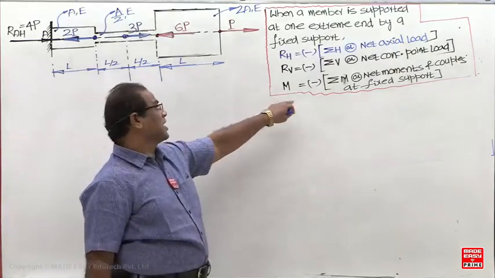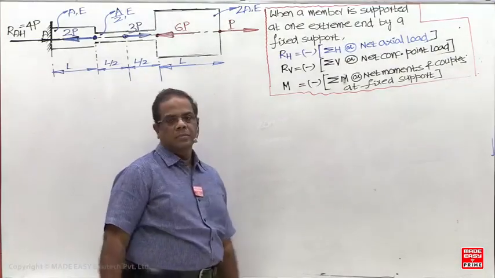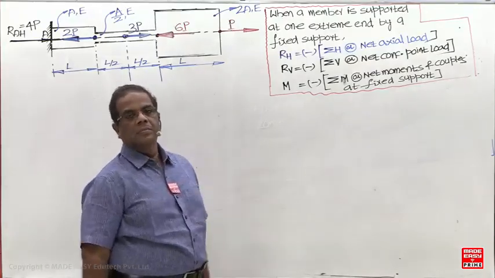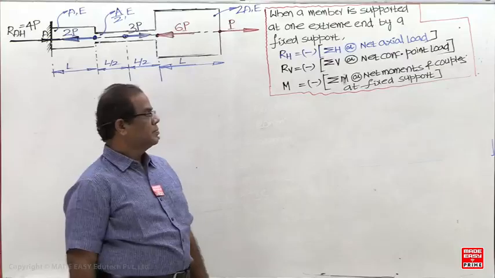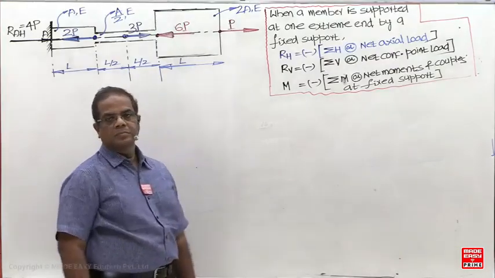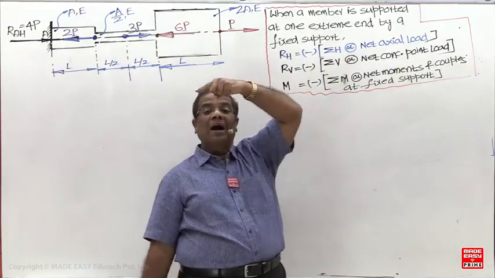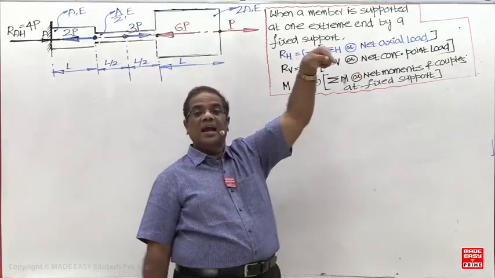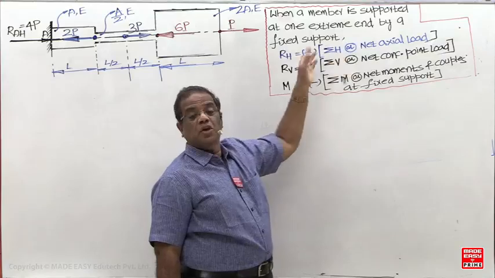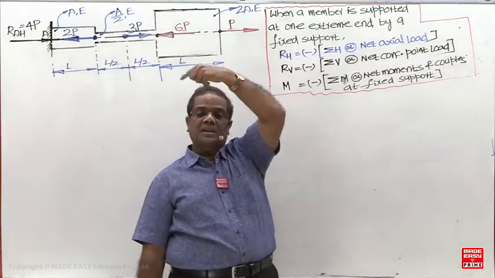M means the moment reaction. What is the meaning of the minus sign? Opposite direction. If I am getting sigma H towards the left side, then the reaction should be towards the right side. If sigma H is 10 kilonewton towards the right side, then the horizontal reaction will be 10 kilonewton towards the left side.